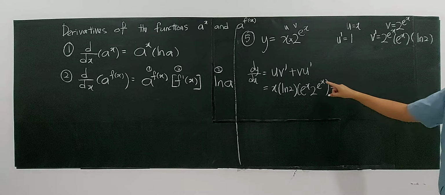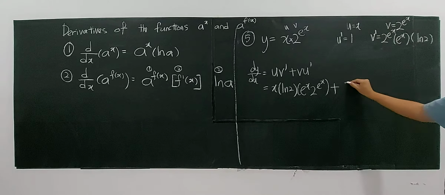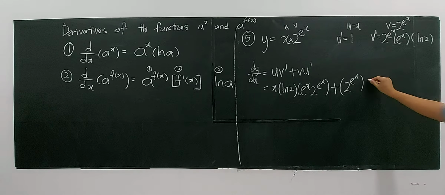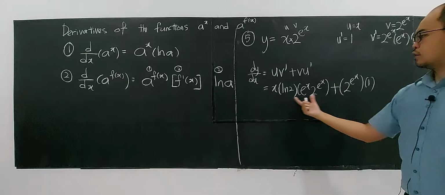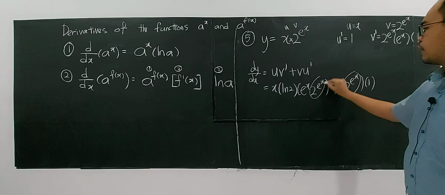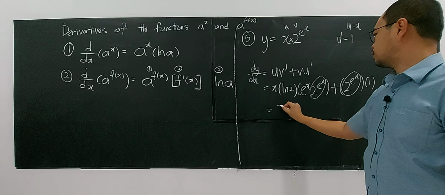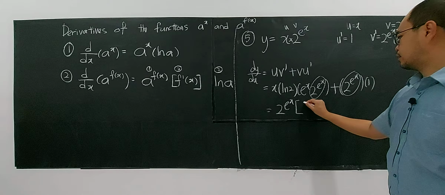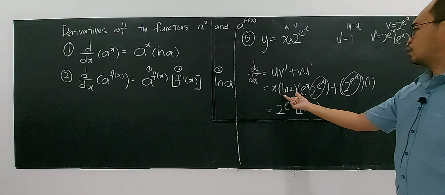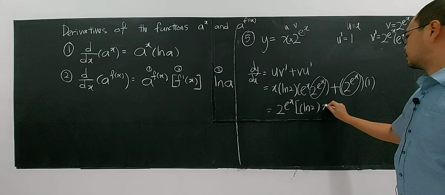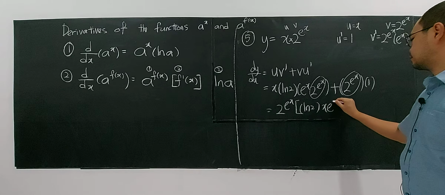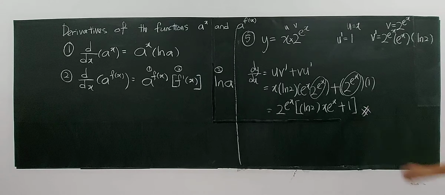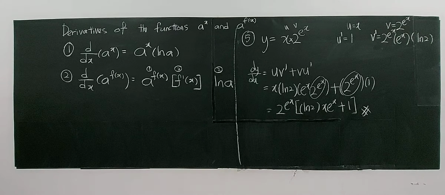Then plus v, which is 2 to the power of e^x, times u prime, which is 1. If you look at these two terms, they have a common factor, 2 to the power of e^x, so I can take it out. Inside you will have x ln 2 e^x plus 1. So this is the answer for this question by applying the product rule.